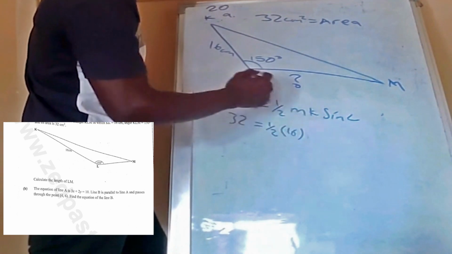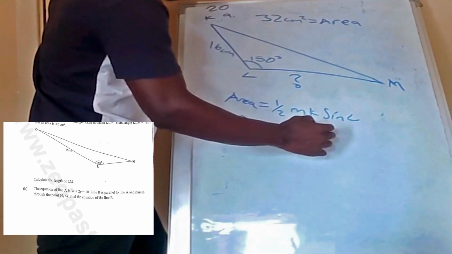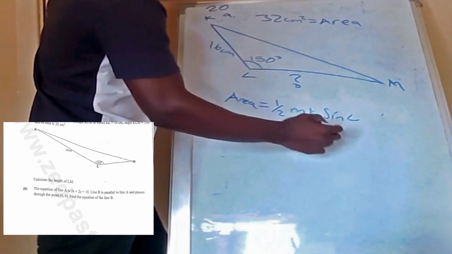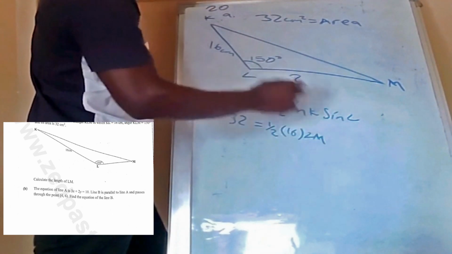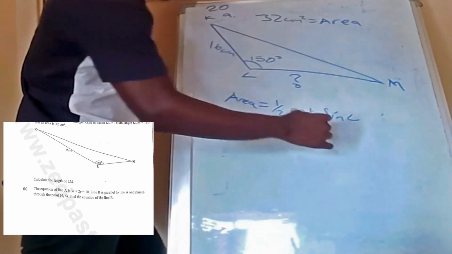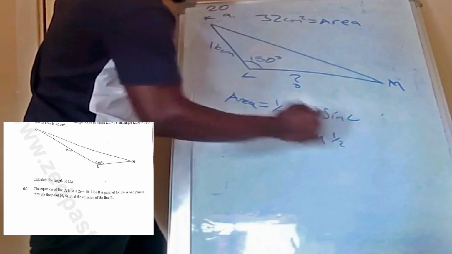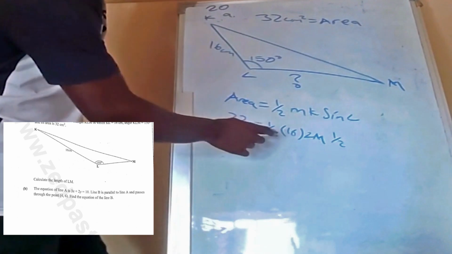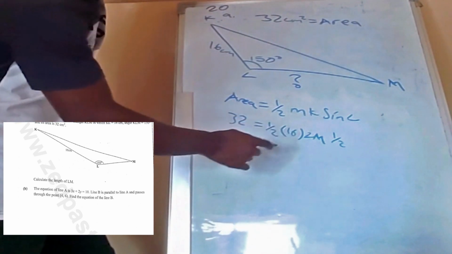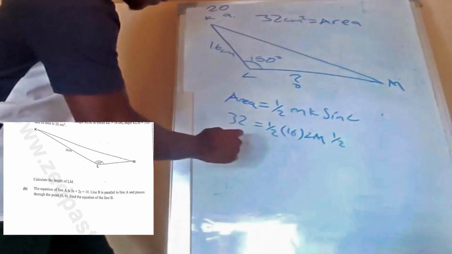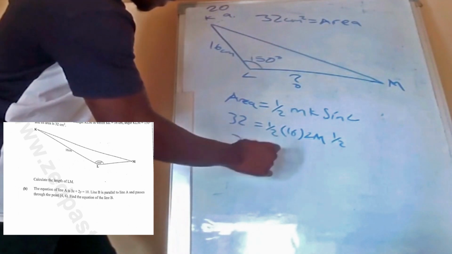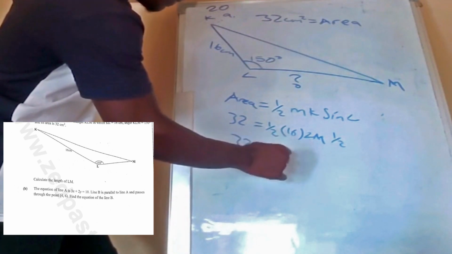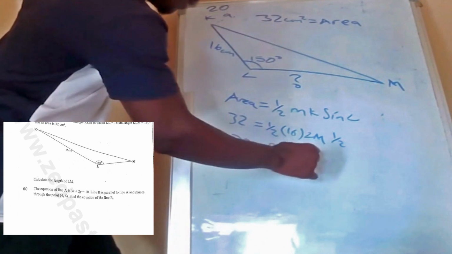Or actually, let's leave it as LM, because that's what the question is asking us to find, LM. And sine L is sine 150. Sine 150 is the same as sine 30, which is the same as half. Okay. So what is half of 16? Half of 16 is 8. So we've got 32 equals 8 multiplied by half LM.